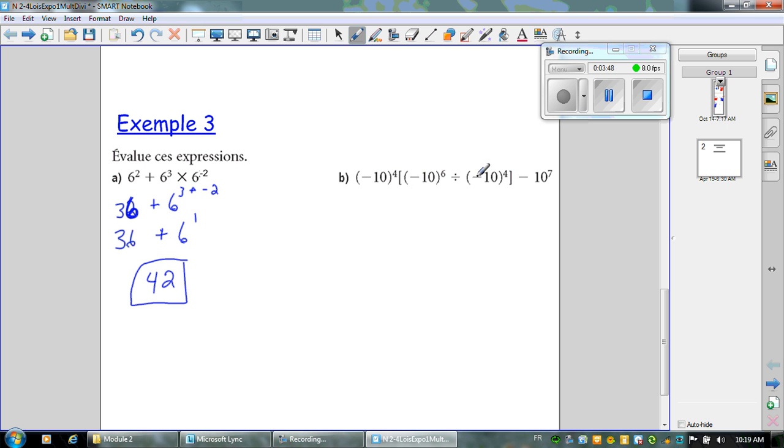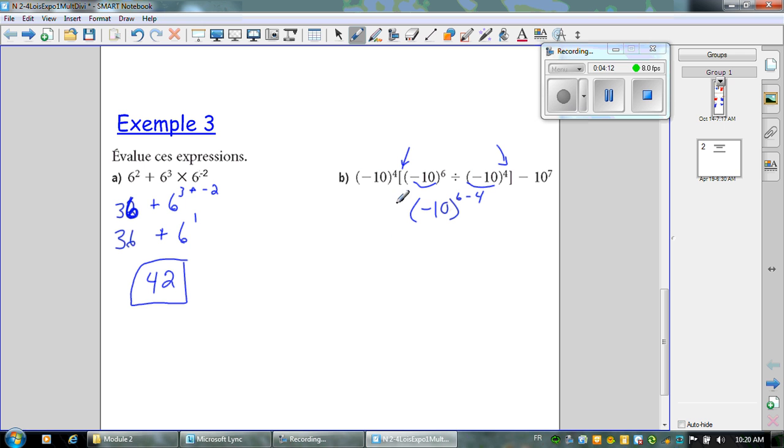Again, I'm going to use my laws to simplify this because this looks pretty complicated. But look, I have the same base inside the brackets, right there. So I can simplify this to negative 10, and my exponents would be 6 minus 4.